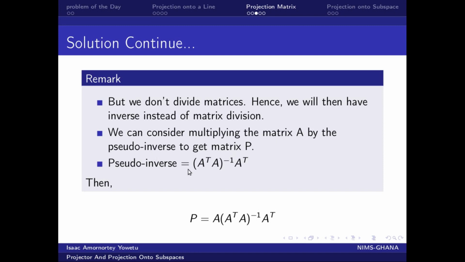But to get this matrix P, we can fall on the matrix pseudo inverse, and our pseudo inverse is written in terms of this. To get our matrix P, we pre-multiply the pseudo inverse by A, the matrix A. So the first point is telling us to get this thing back here.